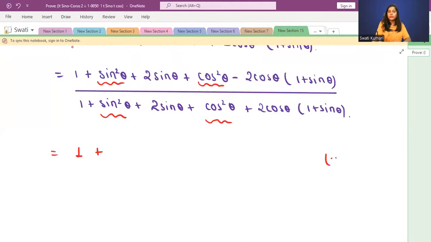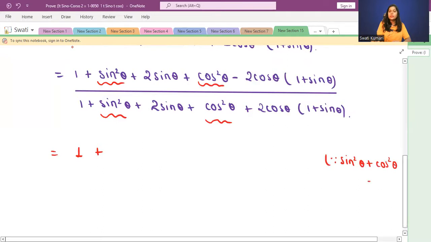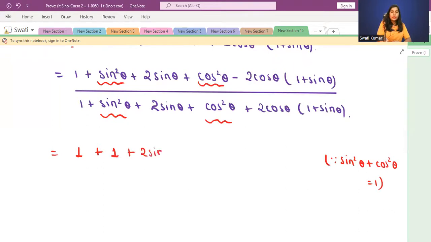If you want, you can also use the formula. You can write down the formula here, that sin² θ + cos² θ equals 1. So using this formula, sin² θ + cos² θ is 1. Okay, and then plus 2 sin θ. Now this plus cos² θ we have already used. So now the next thing, minus 2 cos θ into (1 + sin θ).